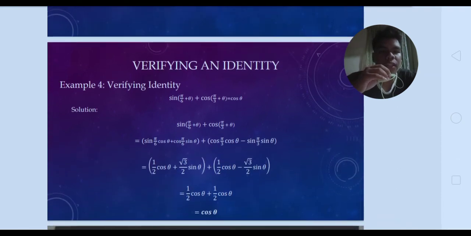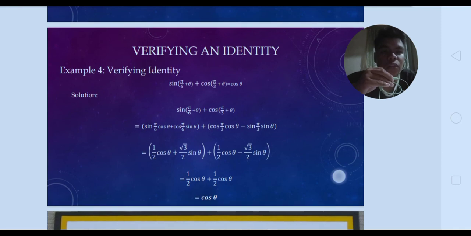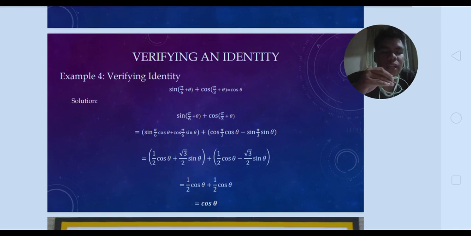We now proceed to verifying an identity. We need to verify the identity sine pi over 6 plus theta plus cos pi over 3 plus theta must be equal to cos theta. In order to solve this, we just need to focus on the left side of the equation, which is sine pi over 6 plus theta plus cos pi over 3 plus theta.